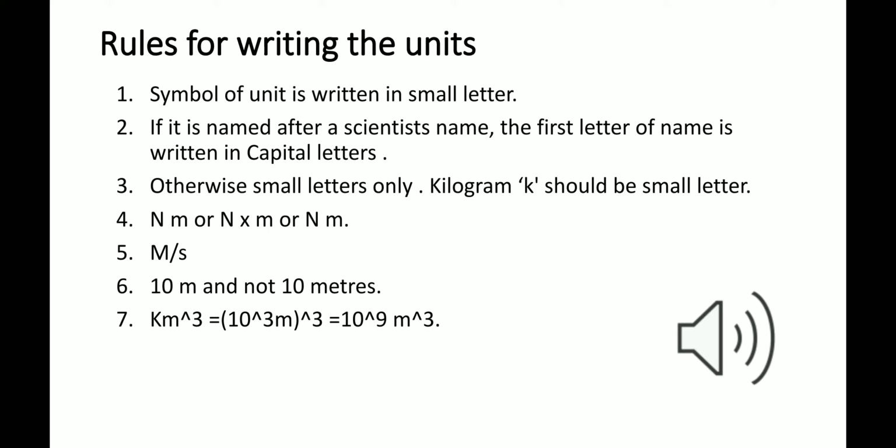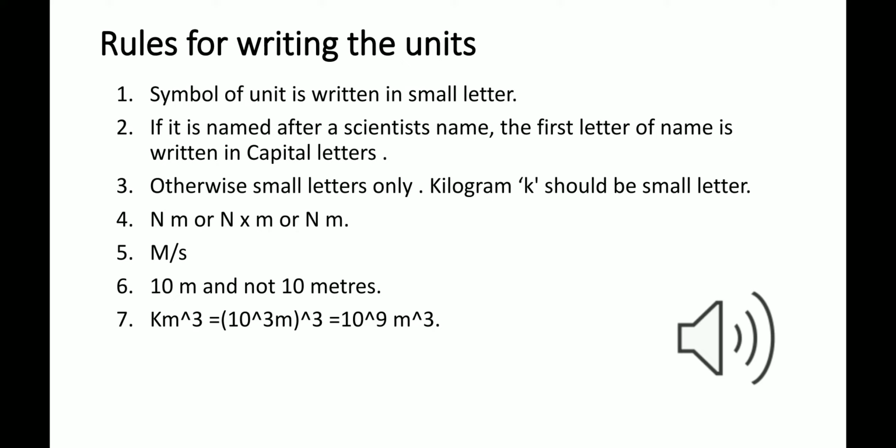And second, if it is named after a scientist, the first letter of the name will be written in capital. Then, if it is not the name of a scientist and we have a unit, it will never be written in capital letters. Like kilogram, the k of kilogram will be small, not capital.